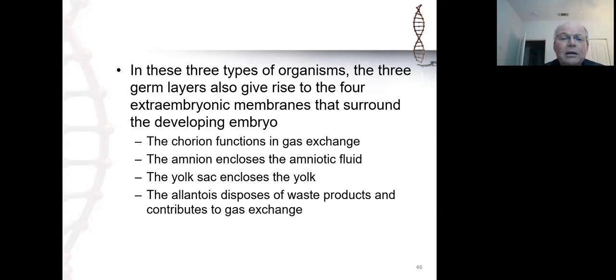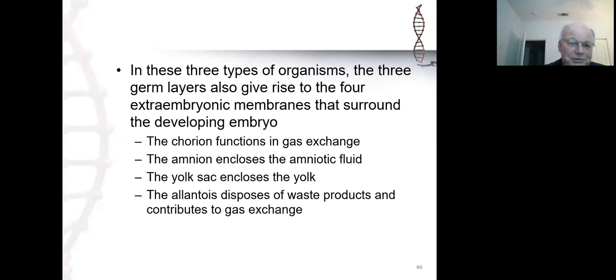The yolk sac in egg-laying amniotes completely encloses the yolk and is the source of some of the very first blood vessels to develop that are involved in transporting the breakdown products of the yolk nutrients to the embryo. And so the yolk sac mobilizes the contents of the yolk and allows it to be transported to the developing embryo for its use.